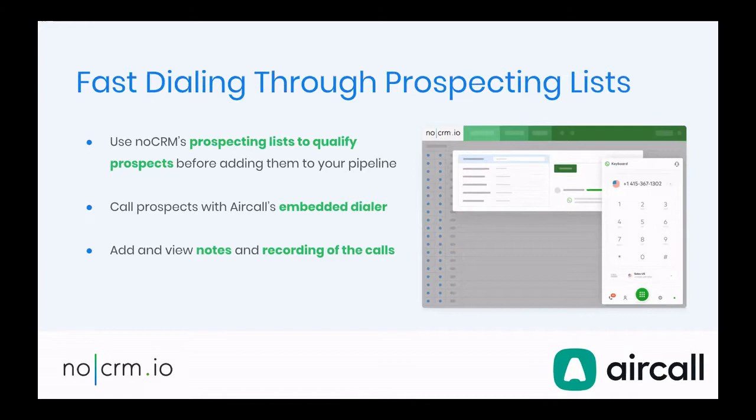So noCRM's prospecting list allows you to upload your unqualified contact list so you can process them before adding them into your clean sales pipeline. For those who have used noCRM, you should know how easy our prospecting list is to use. You can sift through them easily with the prospect browser, which will significantly improve the speed of your calls.